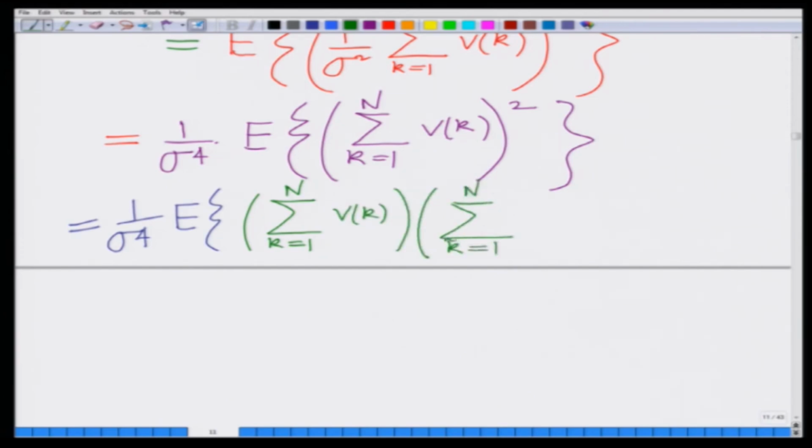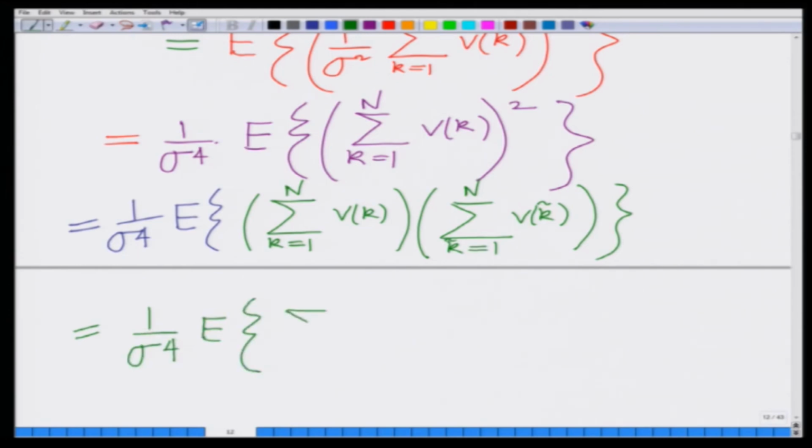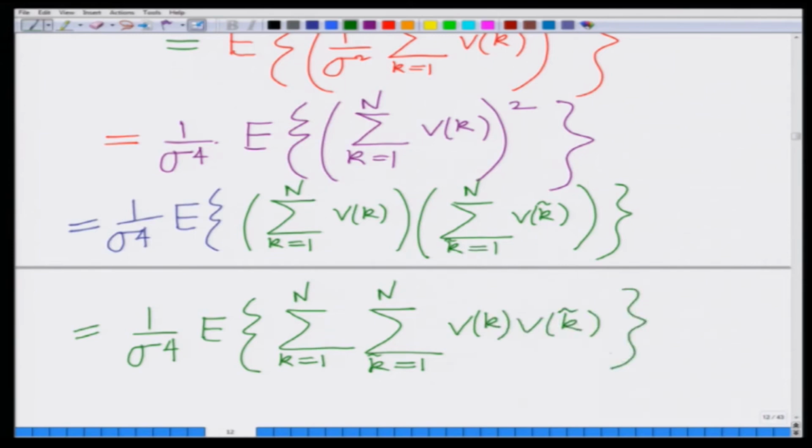k tilde equals 1 to n v k tilde, and now if I expand this product of two summations, I have expected value of summation k equals 1 to n summation k tilde equals 1 to n v k v k tilde.